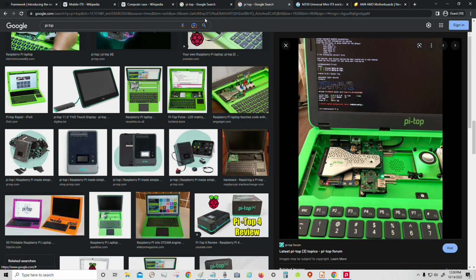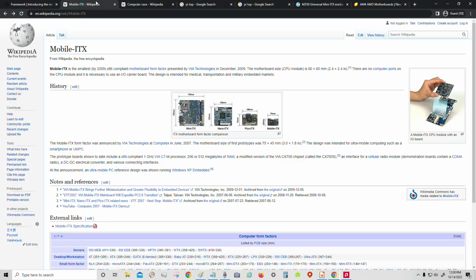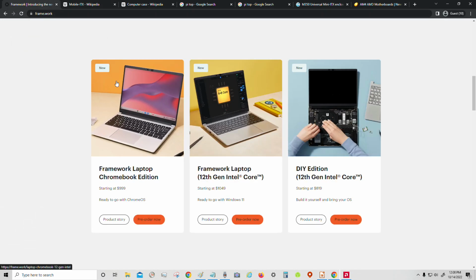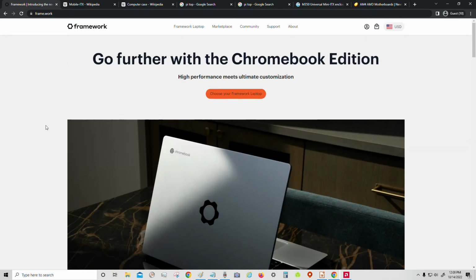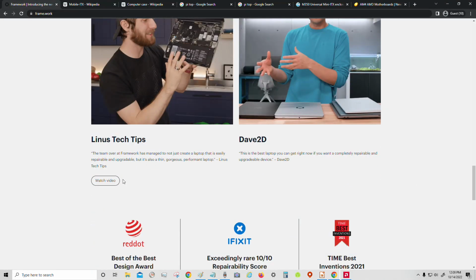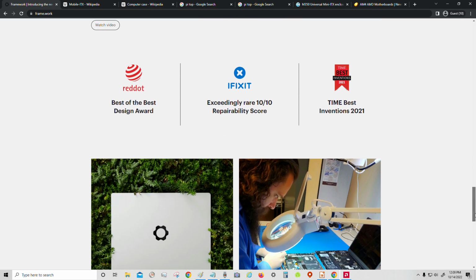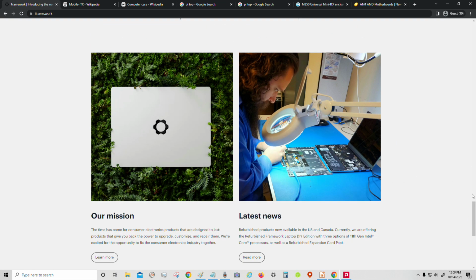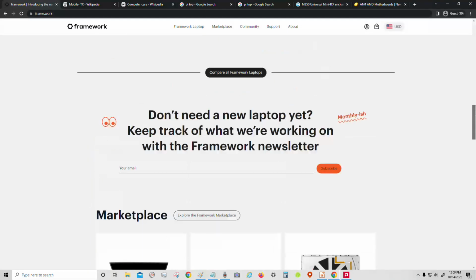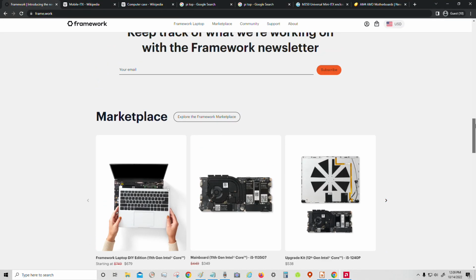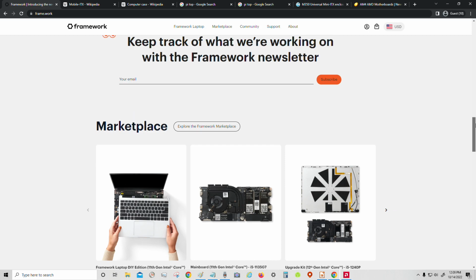The reason I found it so interesting is because there are some companies that try to make something that you can repair or replace. They say that it's repairable and upgradable, and they're really nice, elegant things. The reason you might want to buy something like this is because you like the design and how they took care of some of the issues.